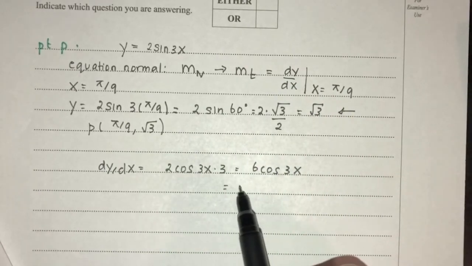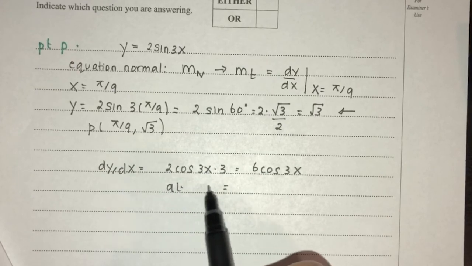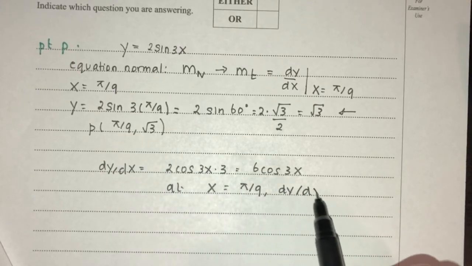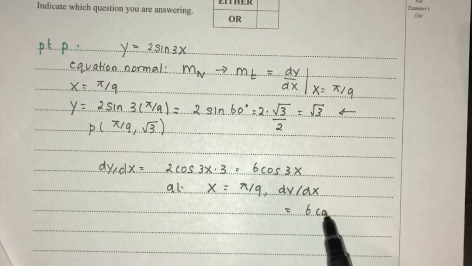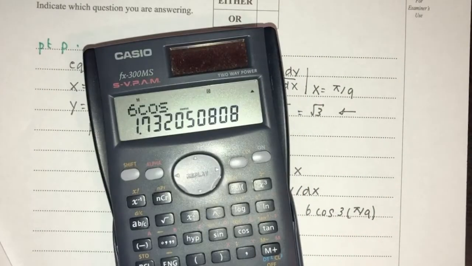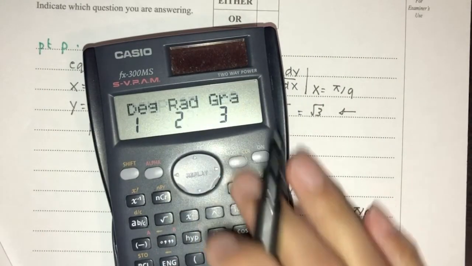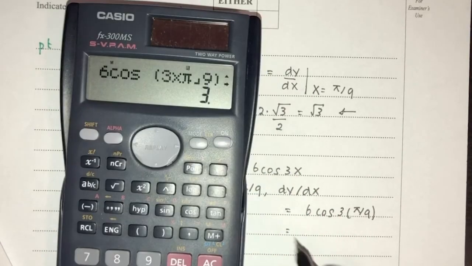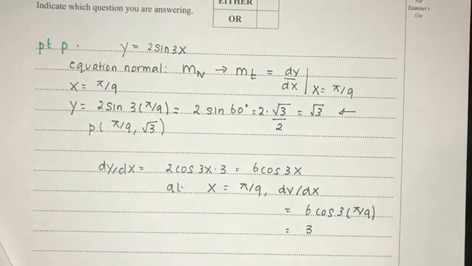So at x equal to pi by 9, dy by dx is equal to what? 6 cos 3 times pi by 9. Let's see, what do we get? So 6 cos 3 times pi over 9, using radians. That should be 3. So here we have it, dy by dx at this point is 3, which is the gradient of the tangent.